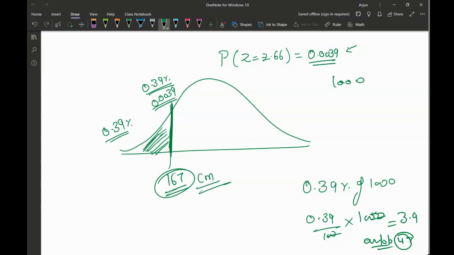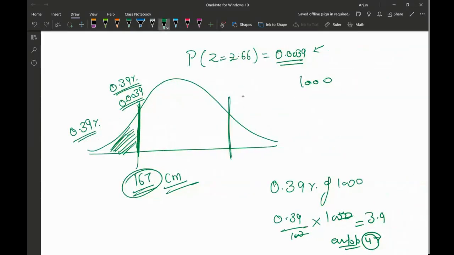So hopefully you were able to understand the meaning of the z-score. Now rather than taking this number, I will take a random number for x. Let's say the x value is 183 centimeters.